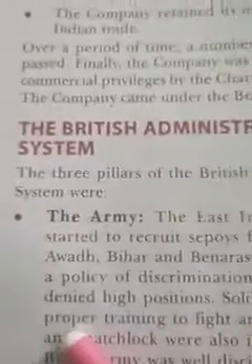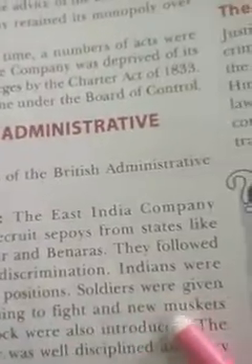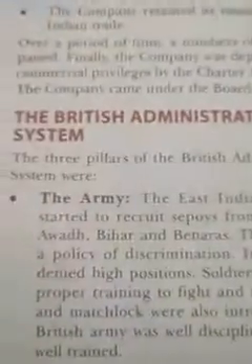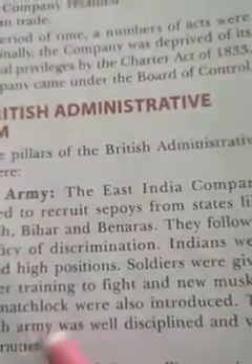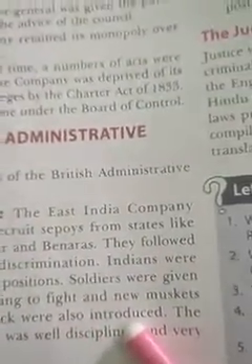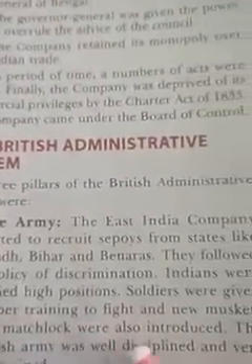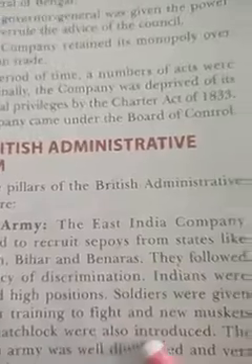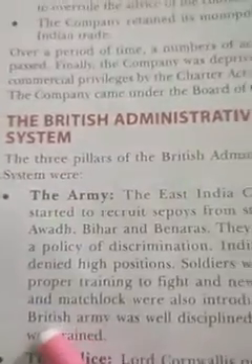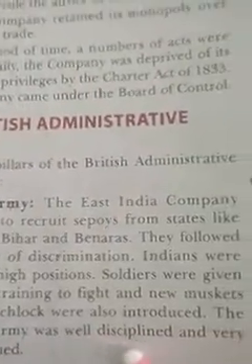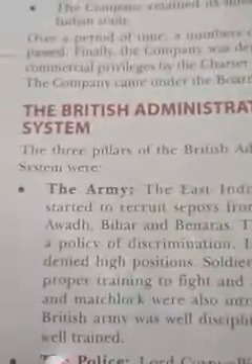Soldiers were given proper training to fight, and new muskets and matchlocks were also introduced. Muskets and matchlocks, these were the guns of that time. The British army was well disciplined and very well trained.